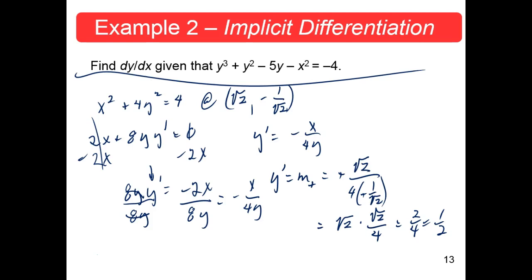A little remark they have at the bottom of the page. To see the benefit of implicit differentiation, try doing this example using the explicit function, which is the one you would use, y is equal to minus 1/2 the square root of 4 minus x squared, and taking its derivative.